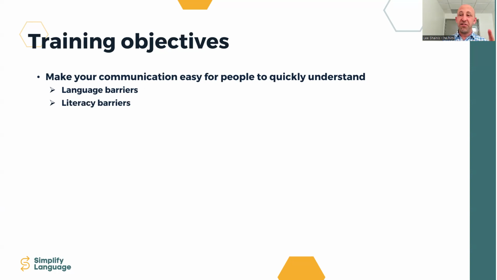Literacy barriers, 54% of adults in the US read at a sixth grade level or below. Doesn't say anything about a person's intelligence or capability, but it does tell me if I give them language written at a 15th grade level or 20th grade level, they're probably not going to easily and quickly understand it. And this is for people who prefer clear and brief communication, which is everybody pretty much.